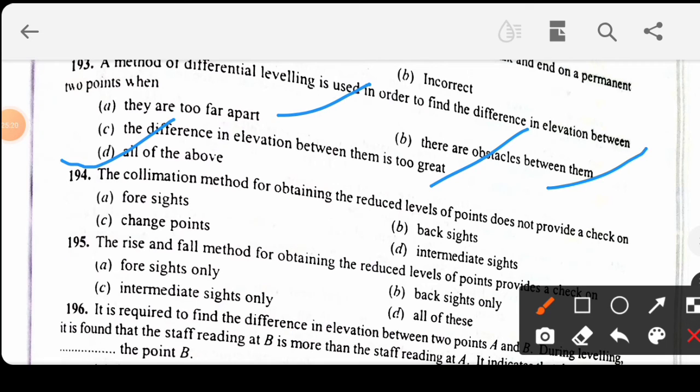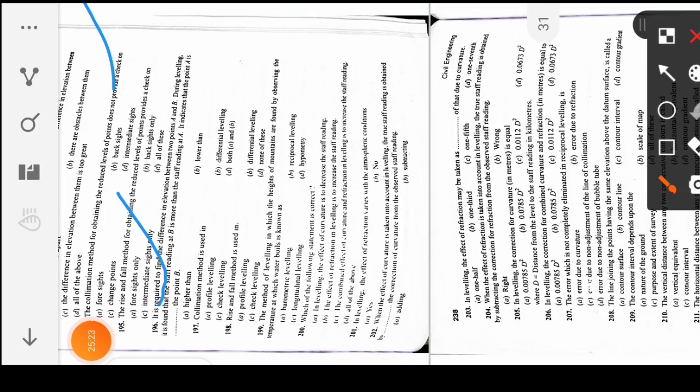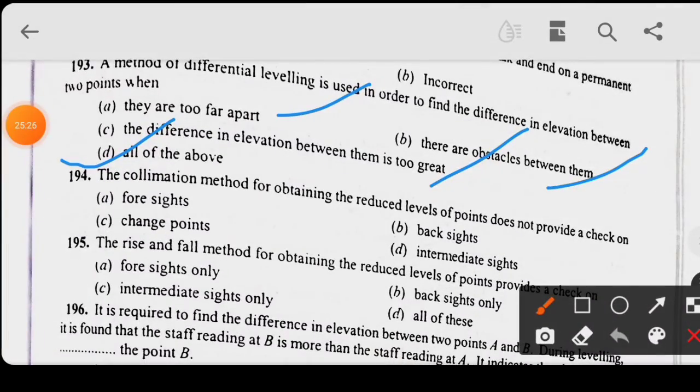The collimation method for obtaining the reduced level of points does not provide a check on four sides only, intermediate sides only, back sides only.